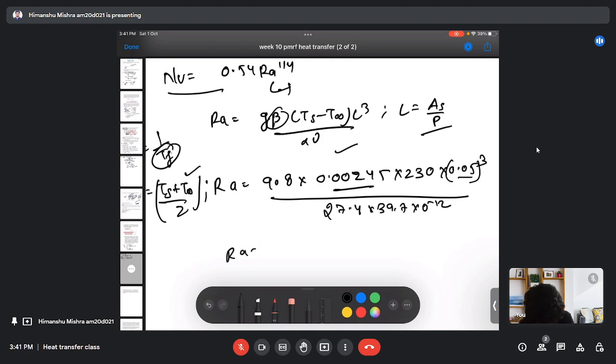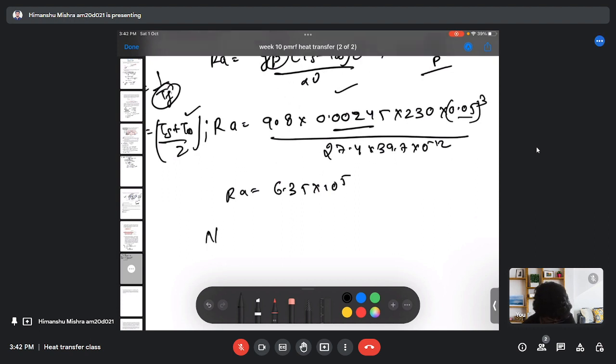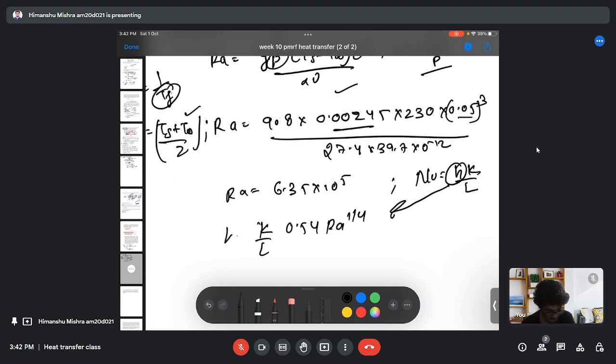So my Rayleigh number would be 6.35 10 to the power 5. Now I can find my Nusselt number or that my heat transfer coefficient. So I can write my Nusselt number as hL by k. So I'm directly writing the expression for the heat transfer coefficient here.